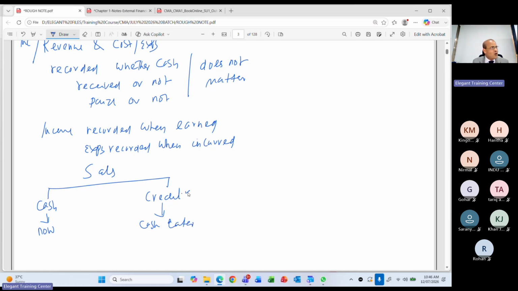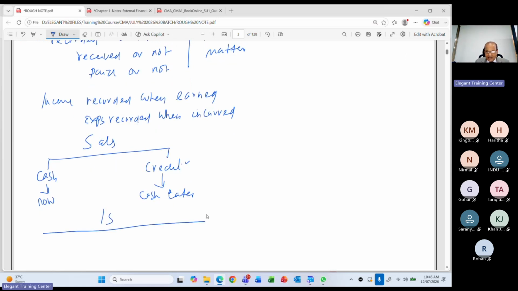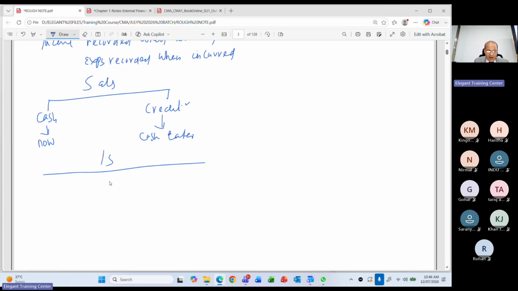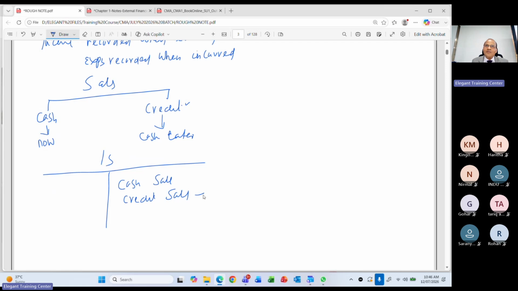But still, you are recording. So in the income statement, understand, you have cash sale and also credit sale. So that is called accrual basis. Credit sale, money has not come, but we have delivered the goods. Once we deliver the goods, goods are out of the warehouse, our income is earned. Income is earned.